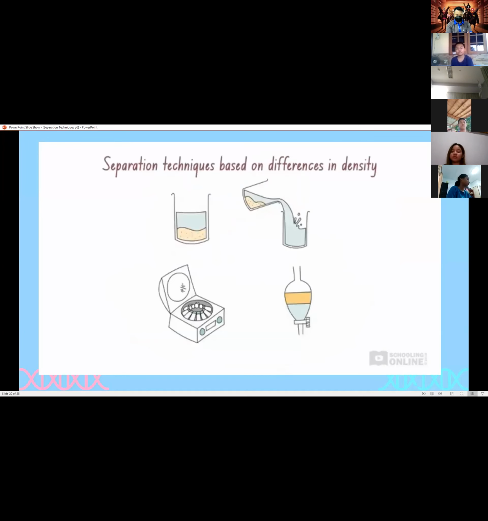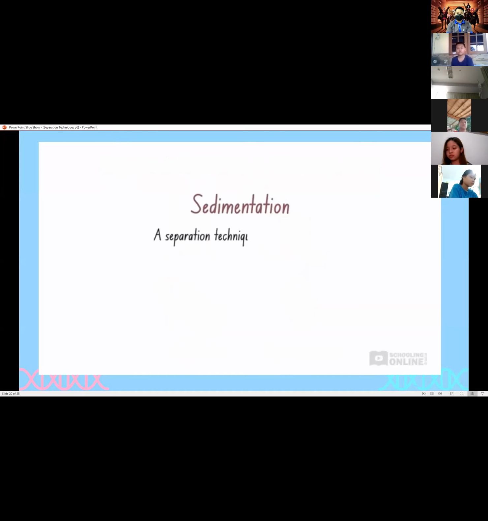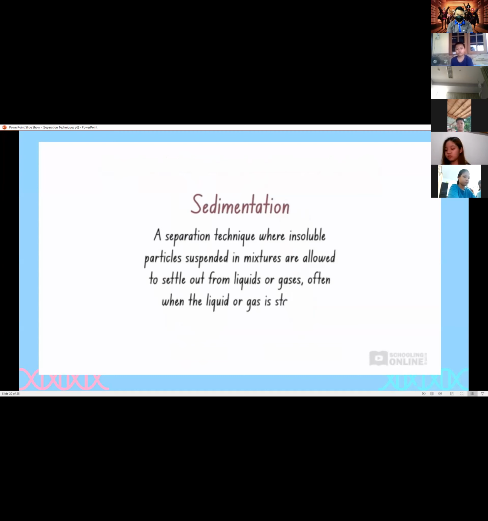Several separation techniques rely on differences in density, including sedimentation, decantation, centrifugation, and separation funnels. Sedimentation is a separation technique where insoluble particles suspended in mixtures are allowed to settle out from liquids or gases, often when the liquid or gas is stationary.